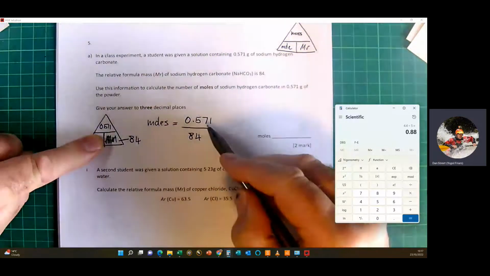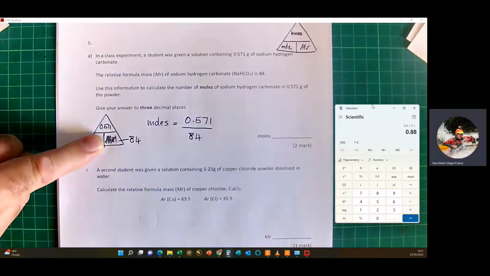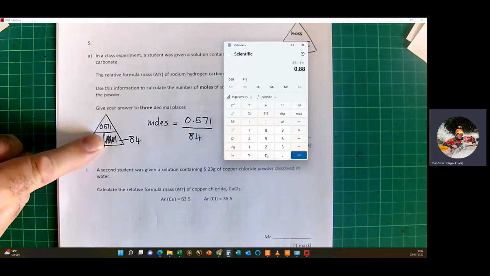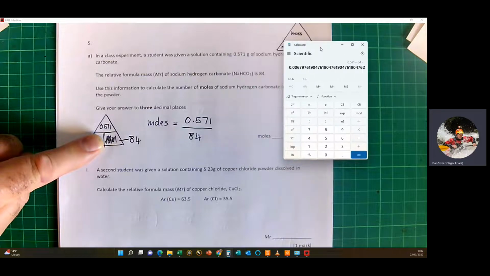And some people got this far and then put the wrong calculation into their calculators. So let's put that in exactly as it appears. Let's get rid of our previous entry. 0.571 divided by 84 is 0.0067.